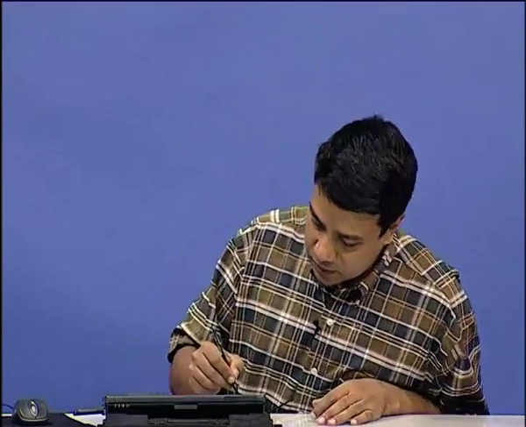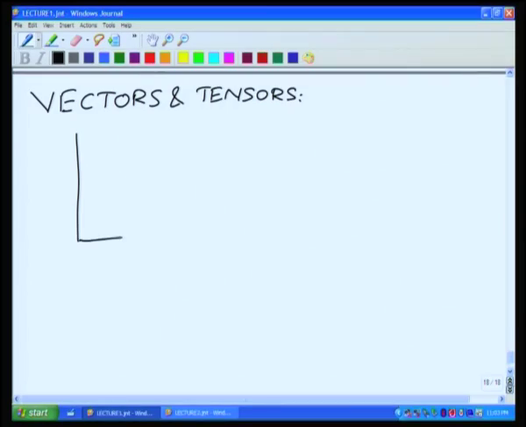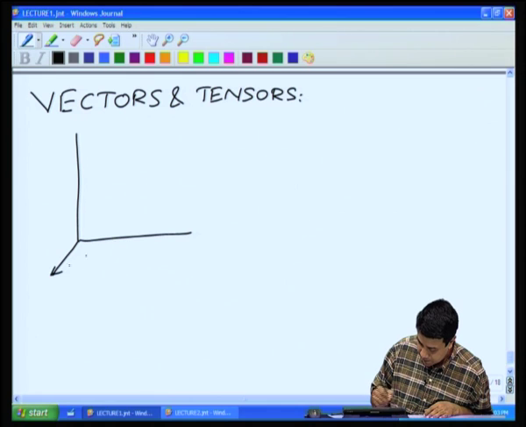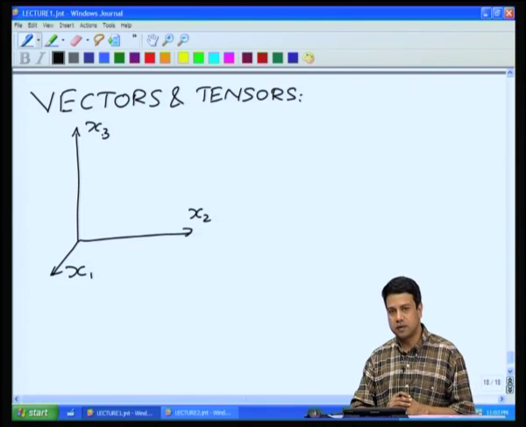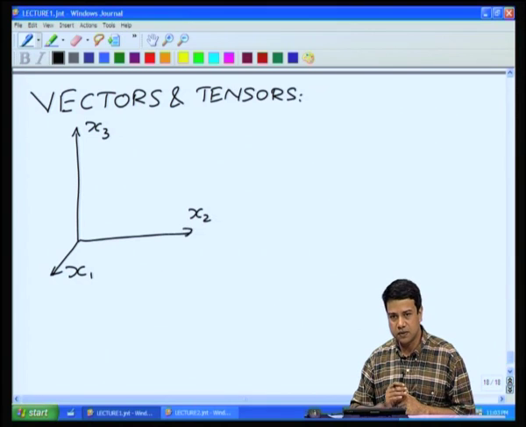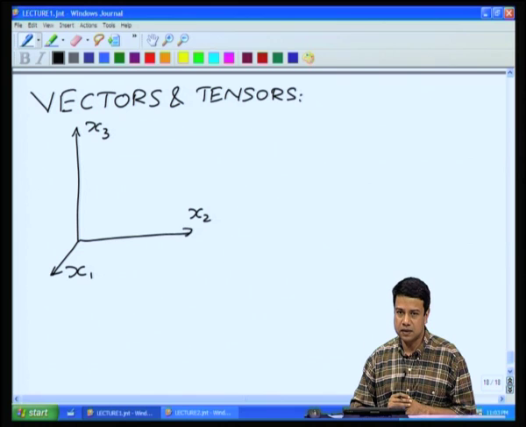So, Cartesian coordinate system, where I will use three orthogonal axes x1, x2, x3. Rather than using x, y and z, we will use the axes x1, x2 and x3. It will become a little clearer a little later why we are choosing to do it this way.